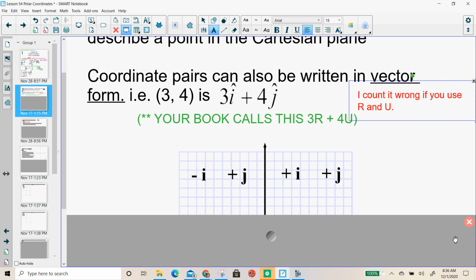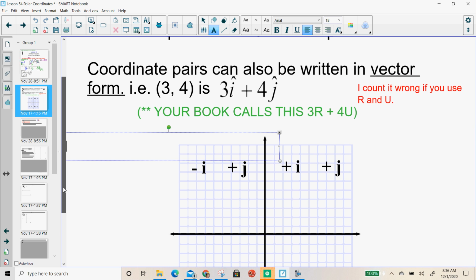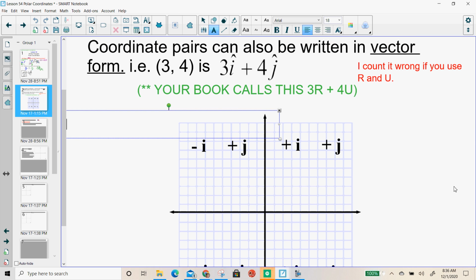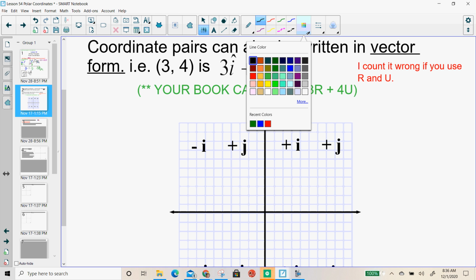Now, a vector is a little bit different technically than just a point. A vector has an arrow on it. So if I wanted to graph this 3i hat plus 4j hat, what I would need to do is go 1, 2, 3 to the right, because i hat comes first.